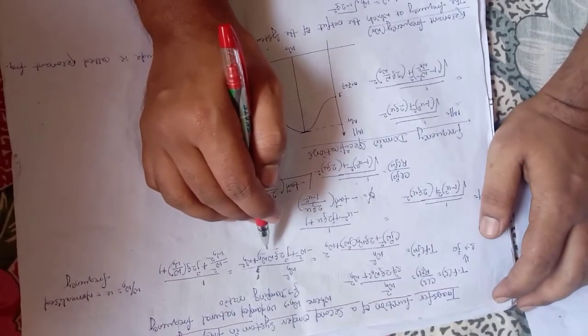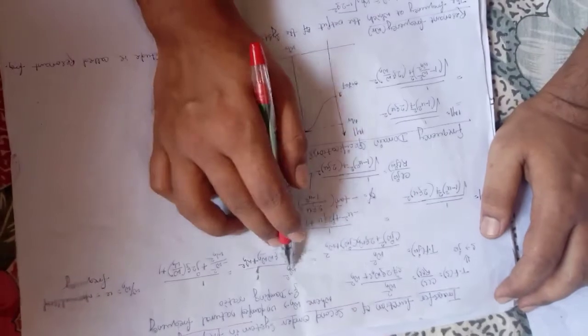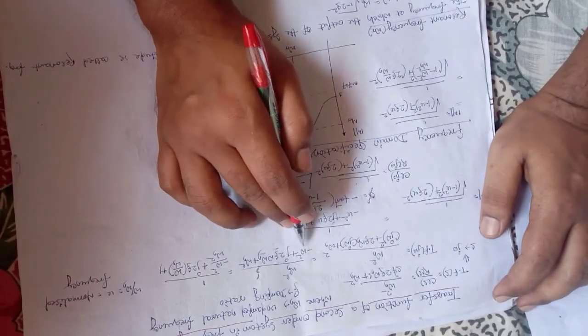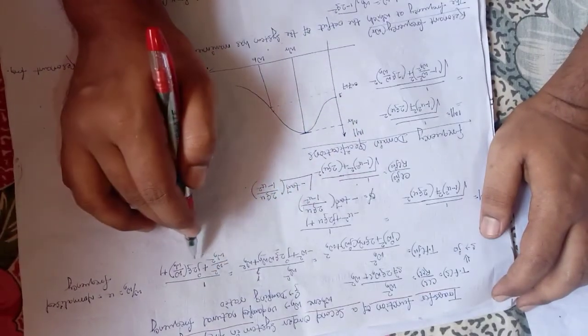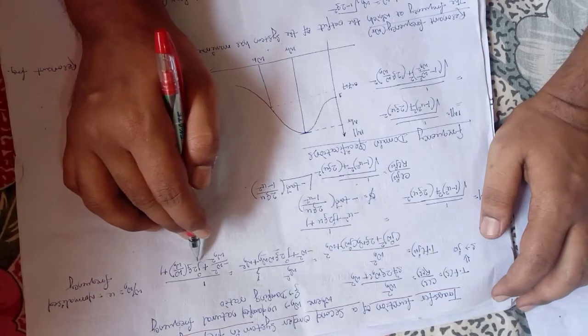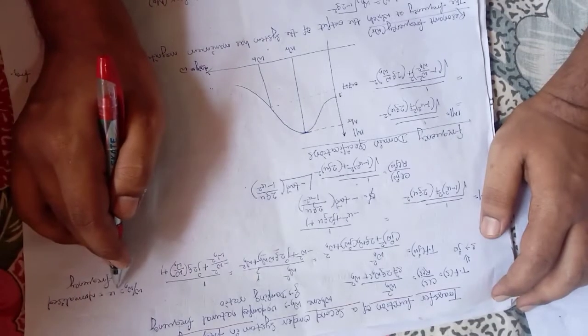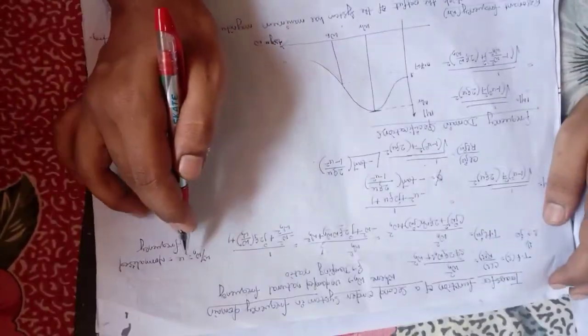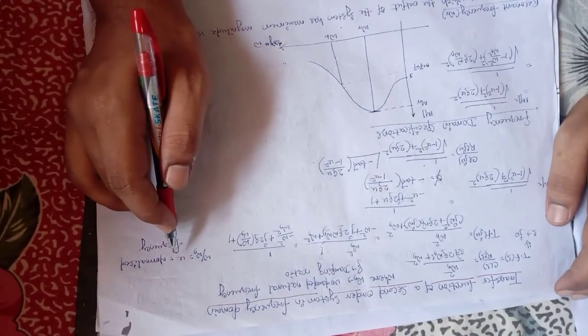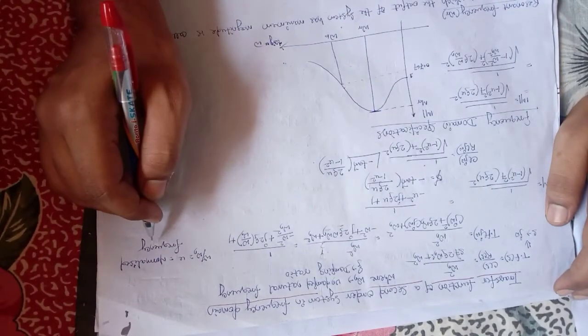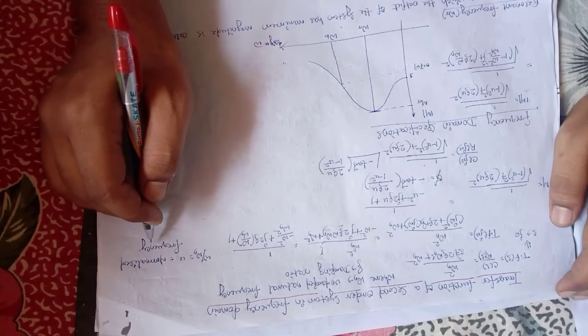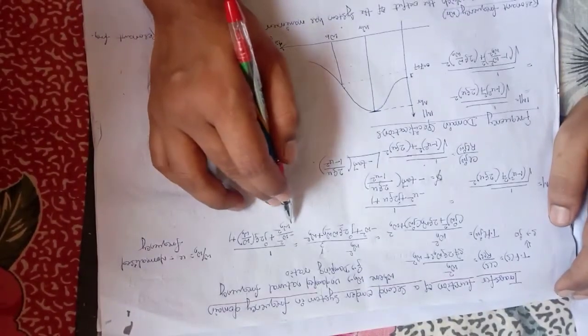So here we will divide by omega n square in both numerator and denominator, then I will get a transfer function in this manner. I will take omega by omega n as u. U is the normalized frequency. Then I will replace omega by omega n in terms of u.